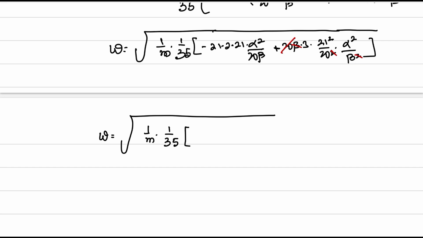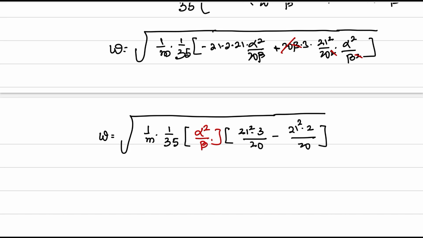Alpha square by beta, that we will take out common, into 21 square into 3 divided by 20 minus 21 square into 2 divided by 20. 3 minus 2 is 1, 21 square by 20.